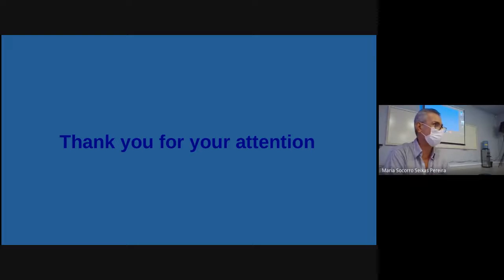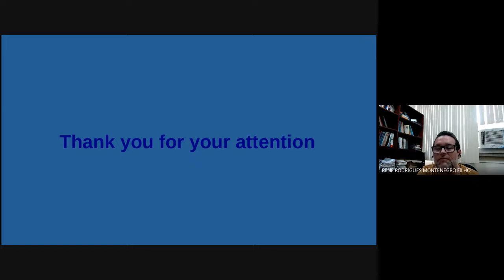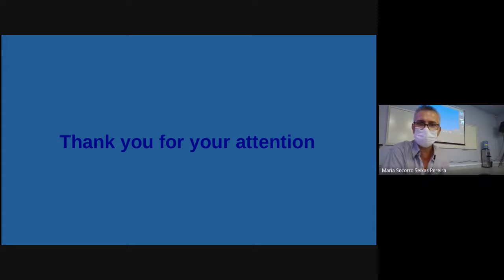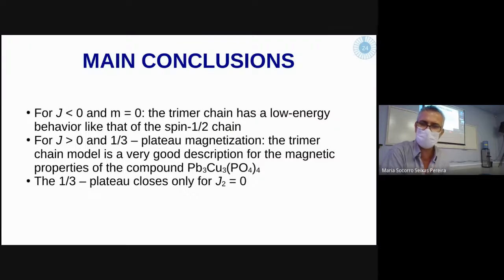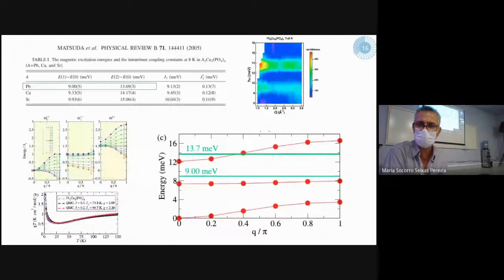And a second question is related to the fitting that you did of the susceptibility data, showing that the data is consistent with one value of J2 for high temperatures and another slightly different one for lower temperatures.